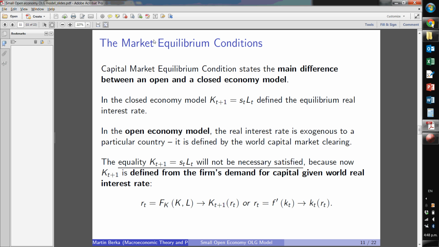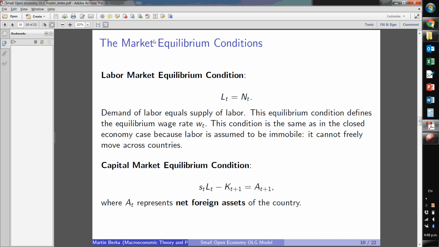Right, so these conditions, well, the last one is the difference between a closed model and a small open economy model. We need not assume that capital demand equals capital supply, and investment demand equals investment supply, and therefore savings equals investment at every period of time.